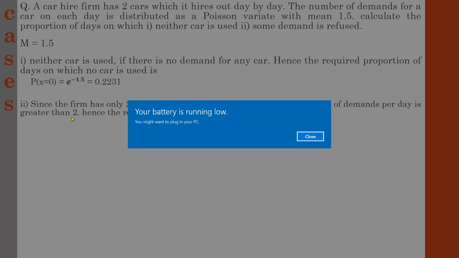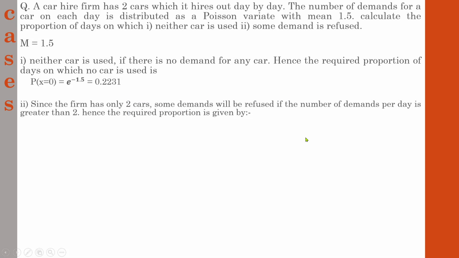So the demand for the car at that time will be more than 2, because only when more than 2 customers come does the refusal of demand occur. So the demand of the car in the second case is more than 2. Then only refusal of demand occurs.